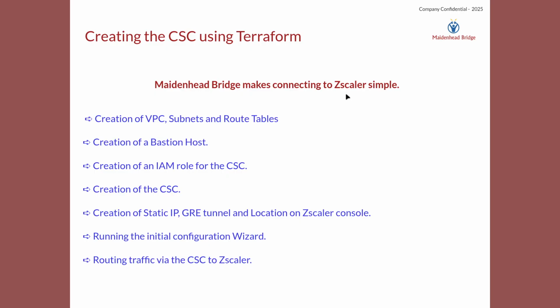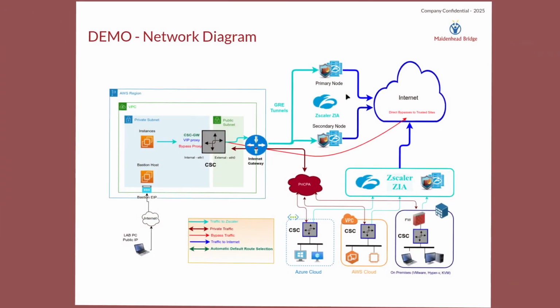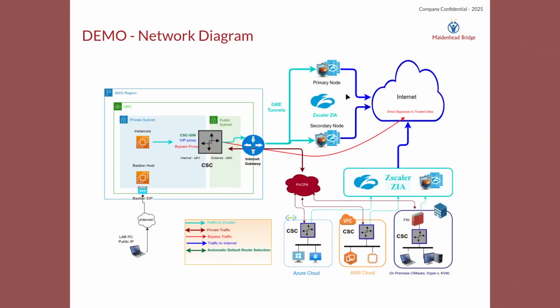We will create the CSC, the Cloud Security Connector, and when the connector is created with the public IP, we'll create the static IP, GRE tunnel, and location in the Zscaler console. With that information, we'll run the initial configuration wizard on the CSC. And finally, we are going to route the traffic to Zscaler via the CSC. Quite simple steps.